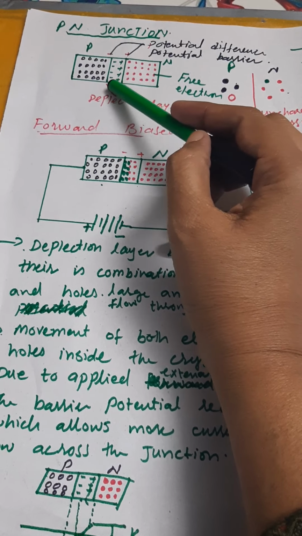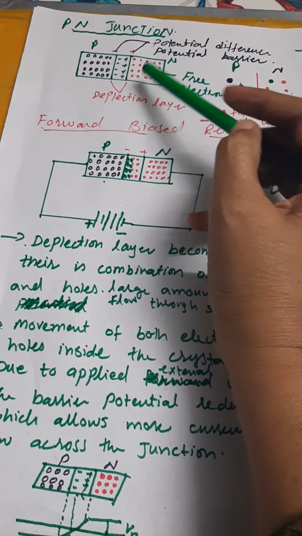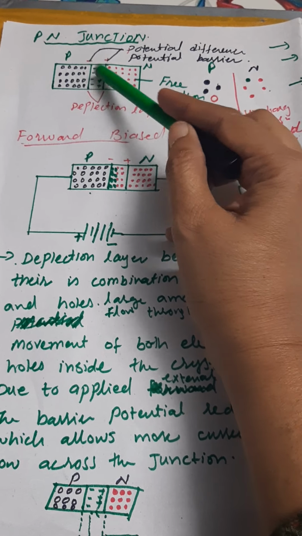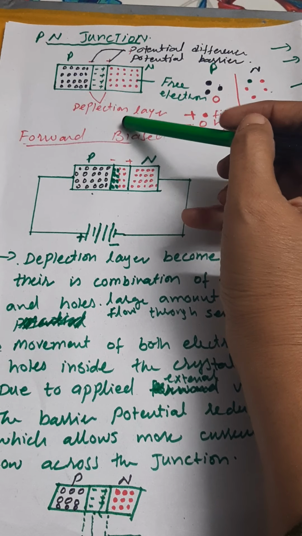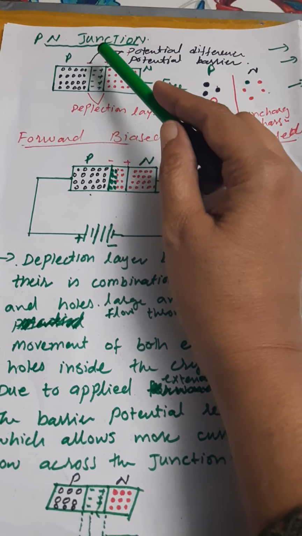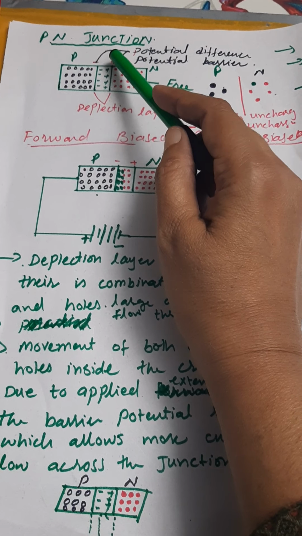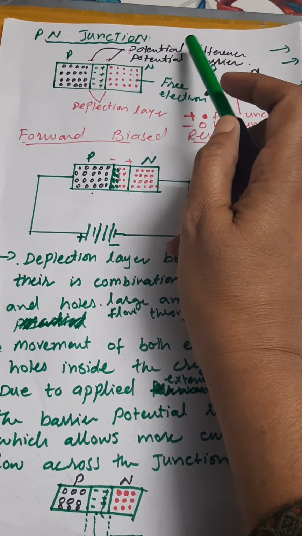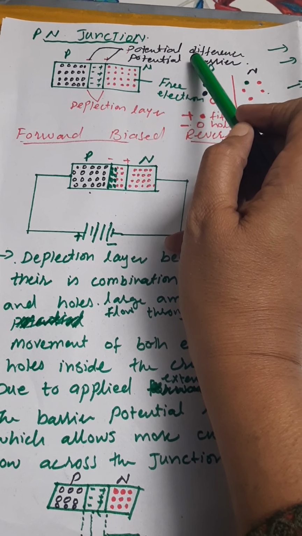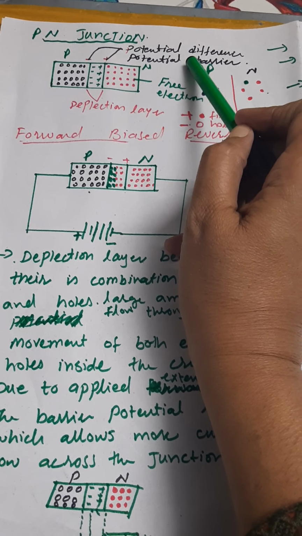This region is known as a depletion region. There is a potential difference: this is the negative, this is the positive. This potential difference is known as a potential barrier.